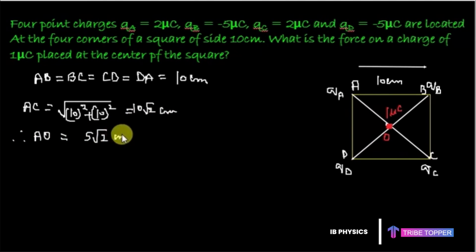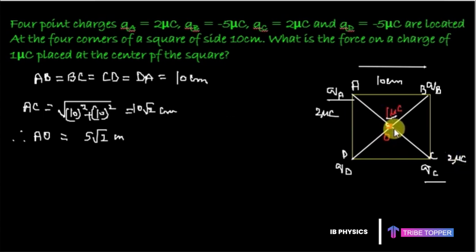So first we find out what the forces are. This will generally be a short question where you actually don't need any calculations. What is going to be the force on 1 microcoulomb due to the charges QA and QC? Both these charges are plus 2 microcoulomb, and the charge we have at the center is plus 1 microcoulomb.